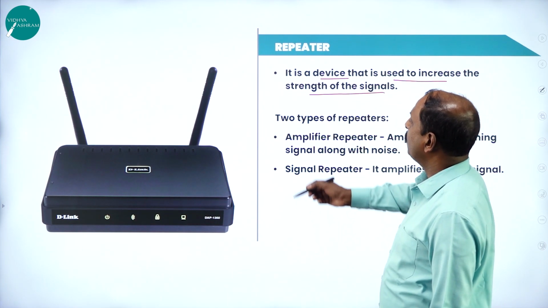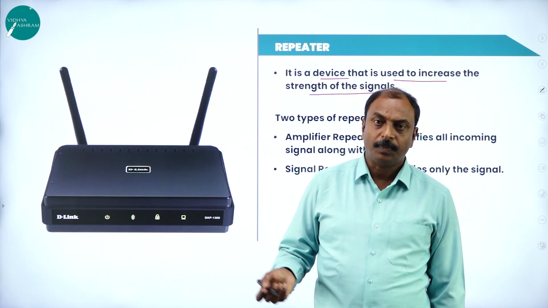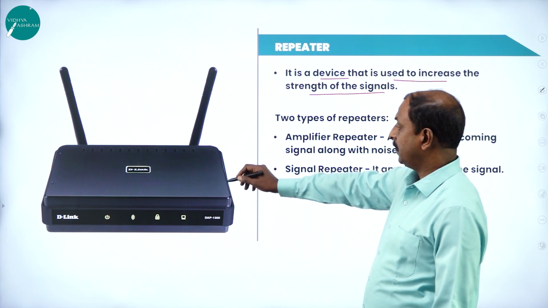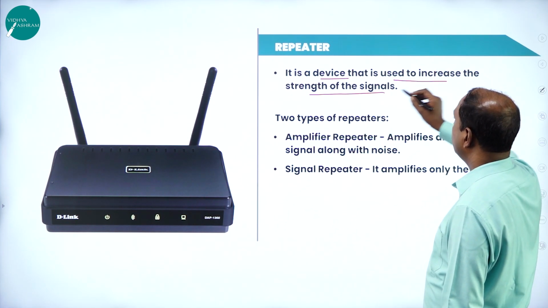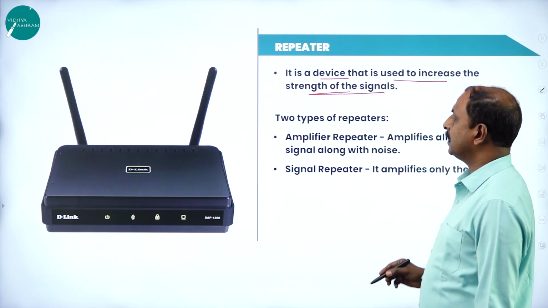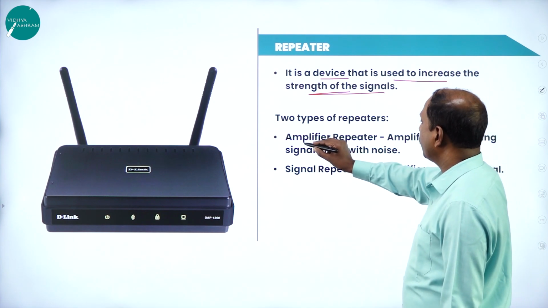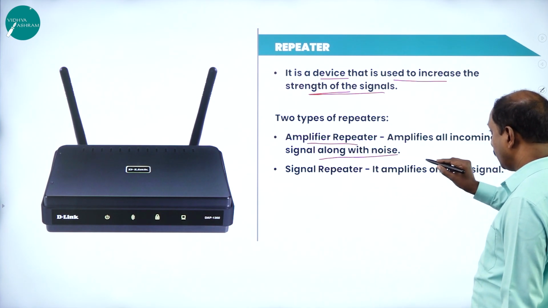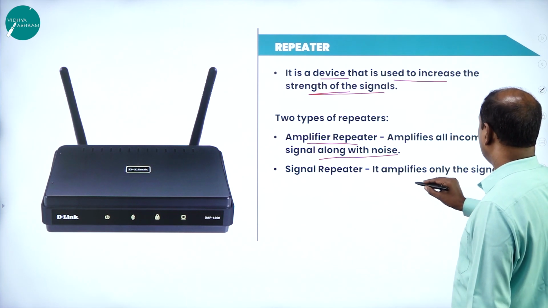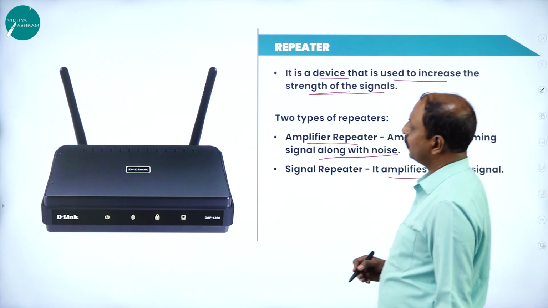If we want to increase the size of the network in linear bus topology, we have to use a repeater. A repeater is used to amplify the signal or increase the strength of the signal in the network. There are two types of repeaters. The amplifier repeater amplifies all incoming signals along with the noise, and the signal repeater amplifies only the signal.